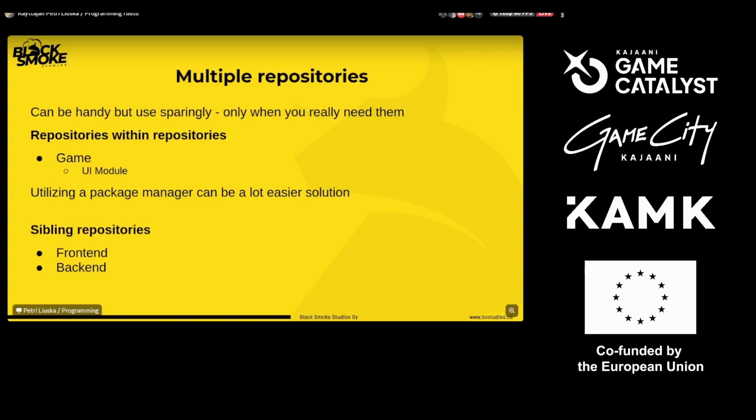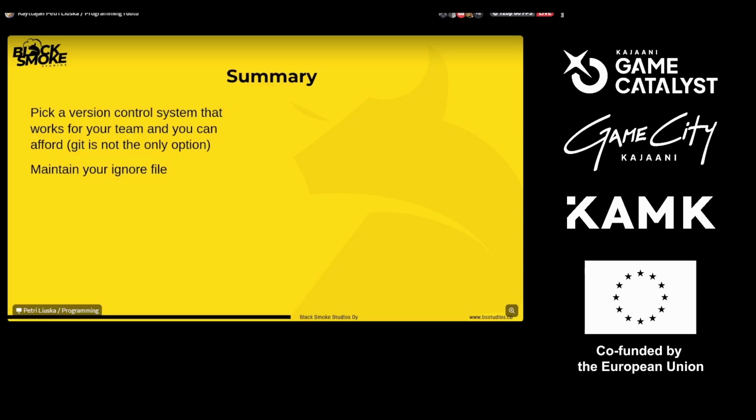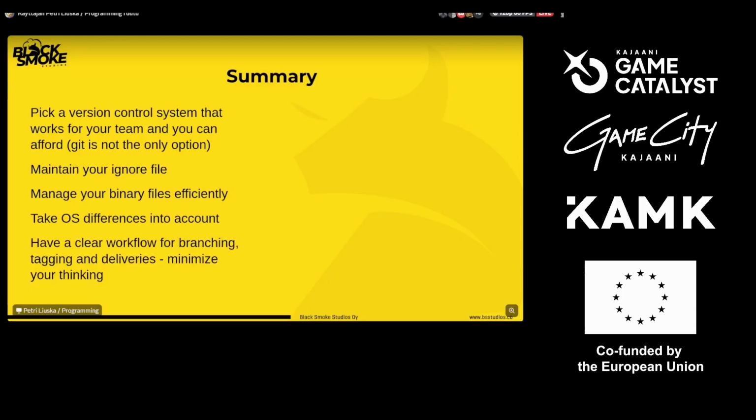Just a few examples. But yeah, I think I'm near the end now. As a summary, you should pick the version control system that works for your team and you can afford. And Git is not the only option, even though everybody uses Git. And you should maintain your ignore file. Be aware of your binary files, how you're managing them efficiently, and take operating system differences into account.